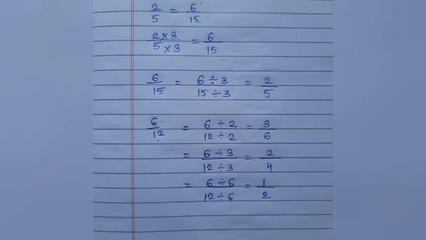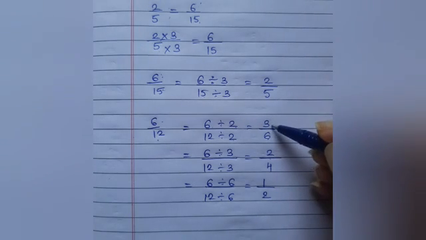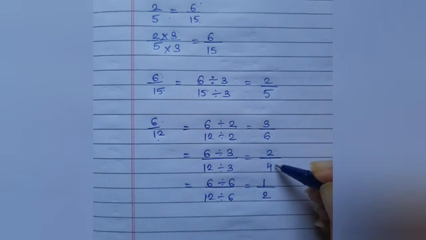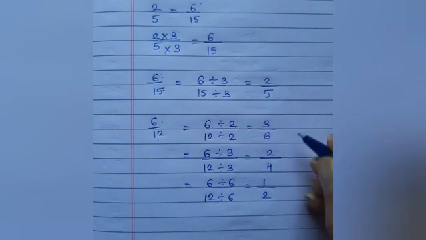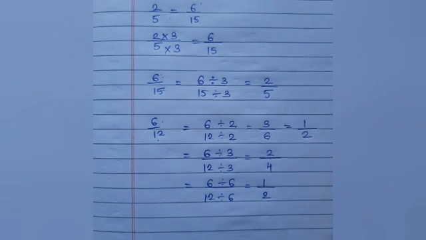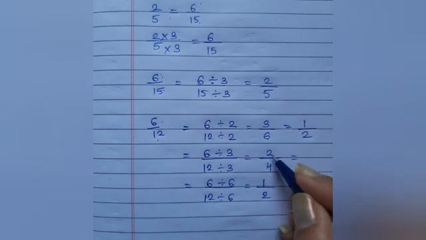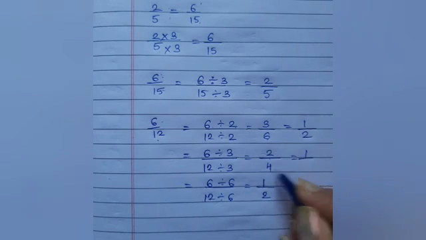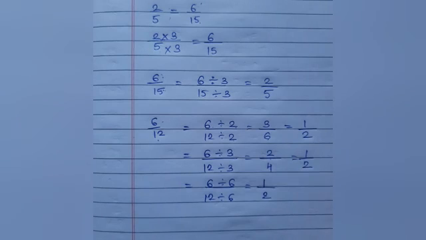Now the previous fractions which we obtained, 3 upon 6 and 2 upon 4, can also be divided further, like 3 ones are 3, 3 twos are 6. Again 2 ones are 2, 2 twos are 4.